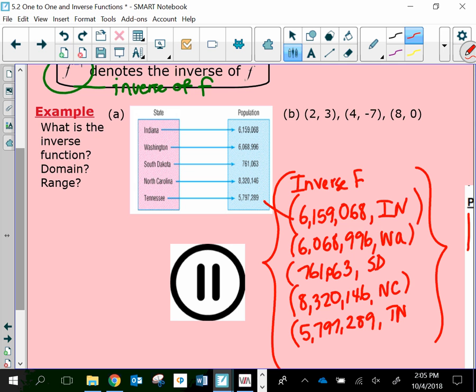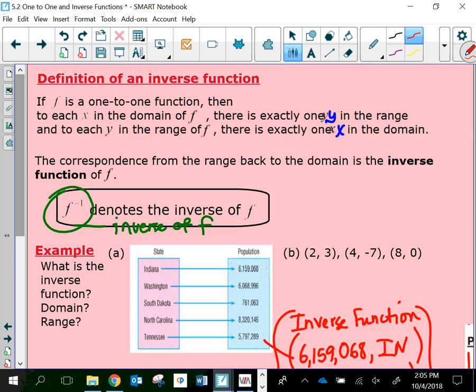Okay. So tell me how you find the inverse function. Okay. Change the x's and the y's. That's what this says.